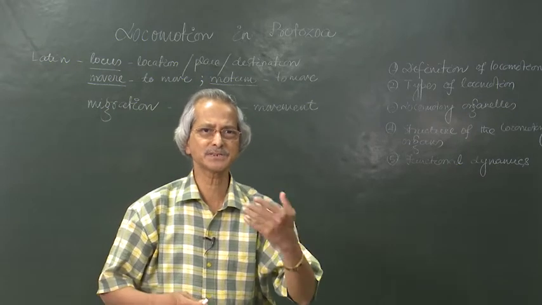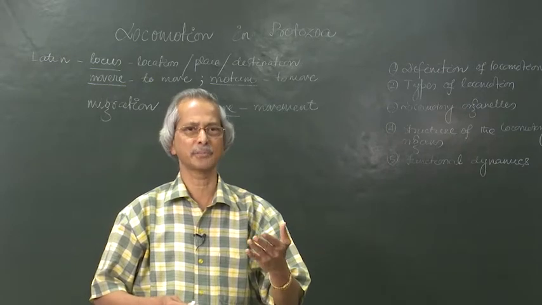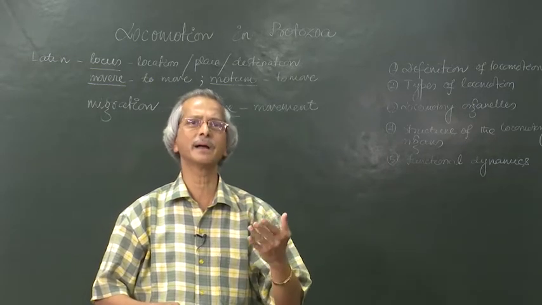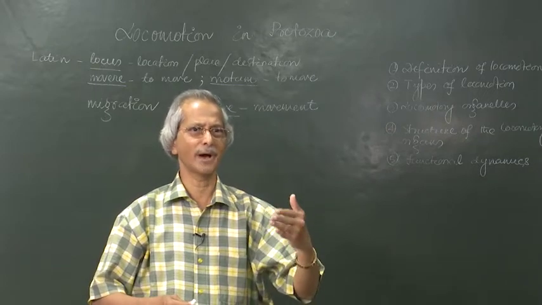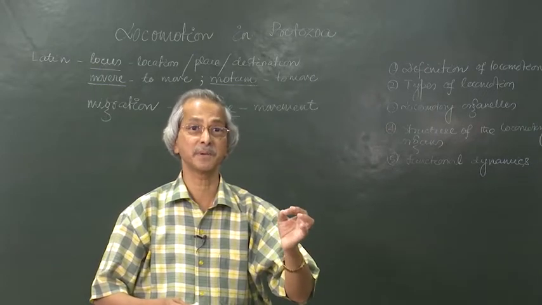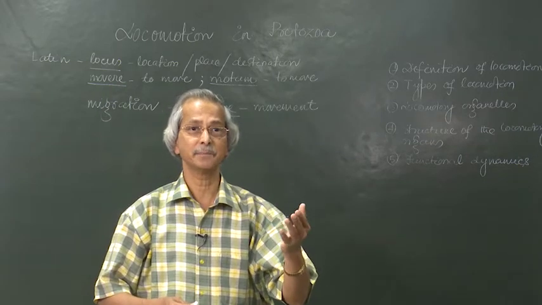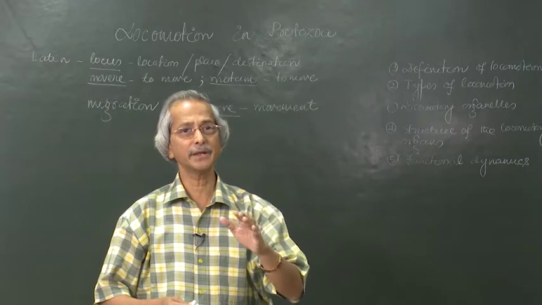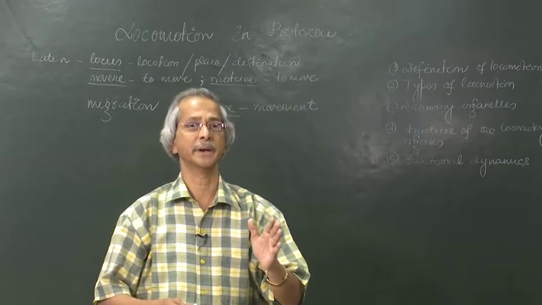Now, what is migration? Migration is defined as a periodic movement of animals from one place to another for some specific purpose, and those specific purposes are feeding or breeding, or both feeding and breeding.